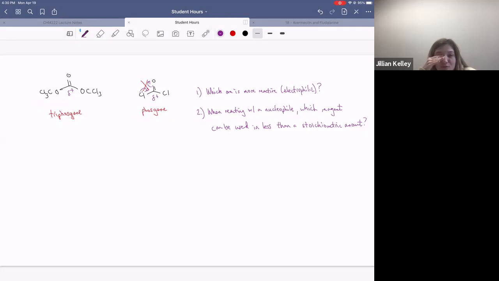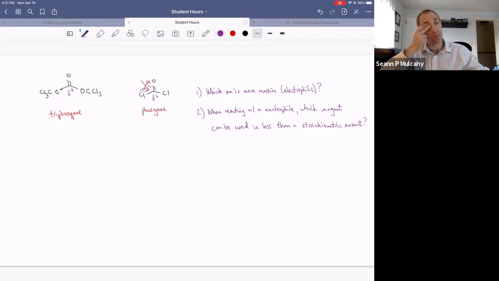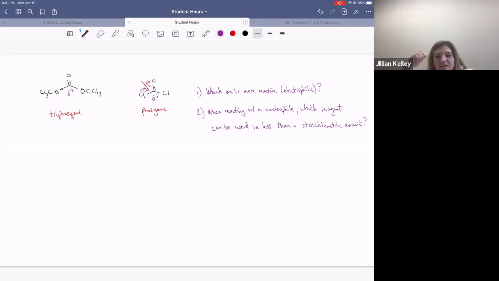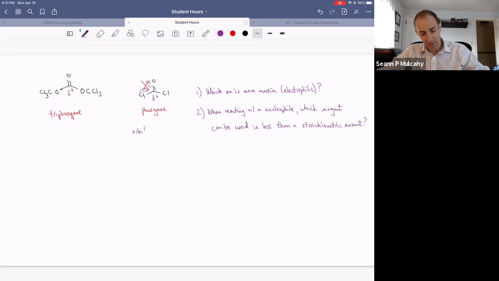Would it have something to do with the hybridization of chlorine? Well, they're going to be sp2 hybridized, and so the lone pairs are going to be in an atomic p orbital. You're on the right track. What is it about that atomic p orbital that's different for chlorine? Oh, it doesn't have as good overlap. Right, there's orbital mismatch.